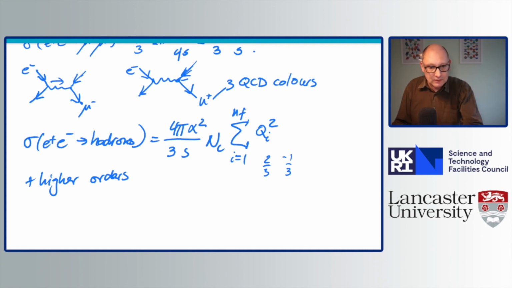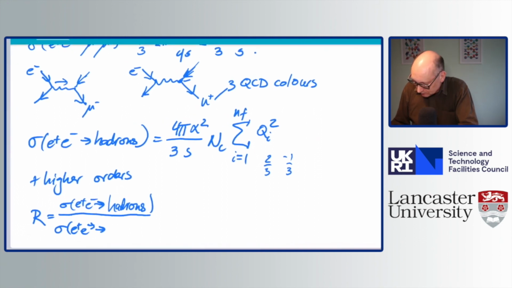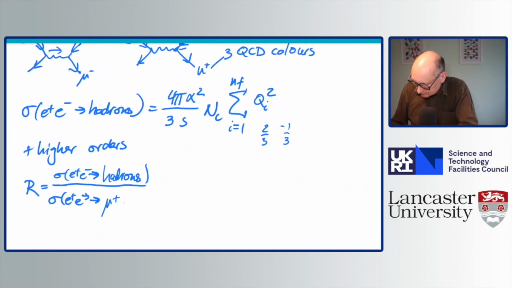But this means that the ratio R of the cross section of e+ e- to hadrons divided by e+ e- to μ+ μ- will be equal to N_C and then the sum over quark charges squared.